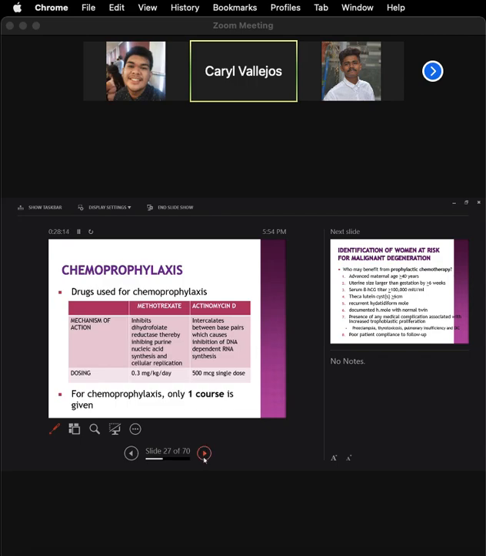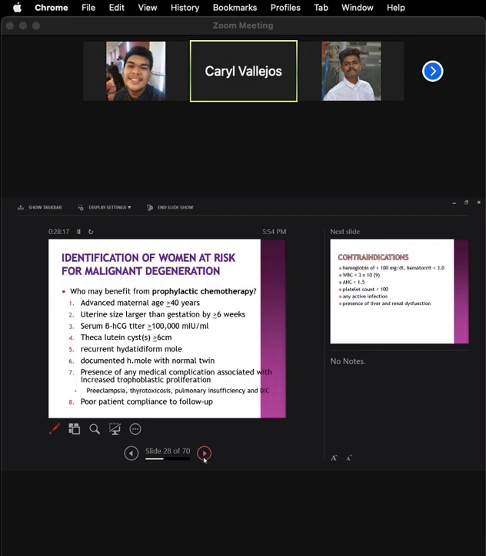So, identification of women at risk for your malignant degeneration who may benefit from the prophylactic chemoprophylaxis. Patients with advanced maternal age, that is, patients 40 years of age and above, uterine size larger than gestation by 6 weeks, serum beta hCG titer of greater than 100,000, the size of the theca lutein cysts is greater than 6 centimeters, a recurrent hydatidiform mole, documented hydatidiform mole with normal twin, and the presence of any medical complications associated with an increased trophoblastic proliferation.